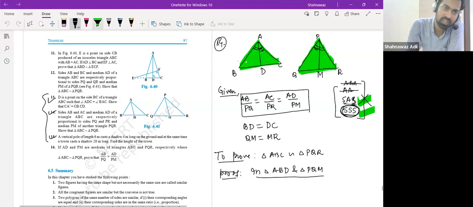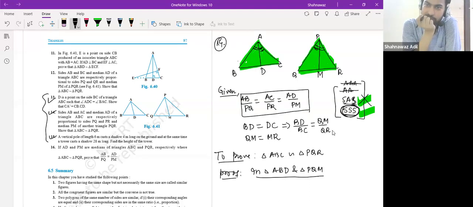So we also have BD by BC, and this is equal to QM by QR. Is this clear to you guys?